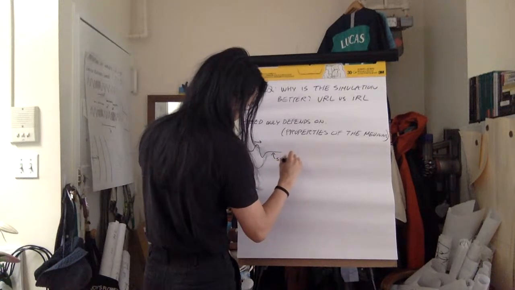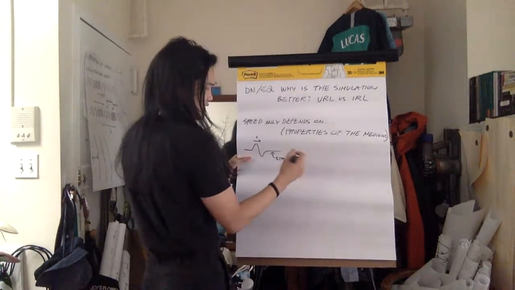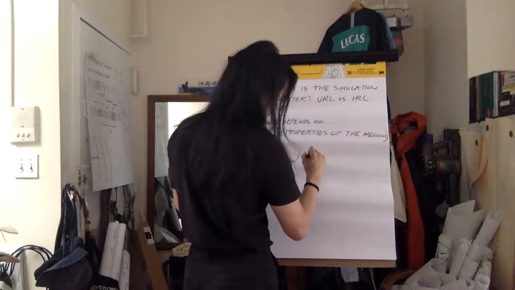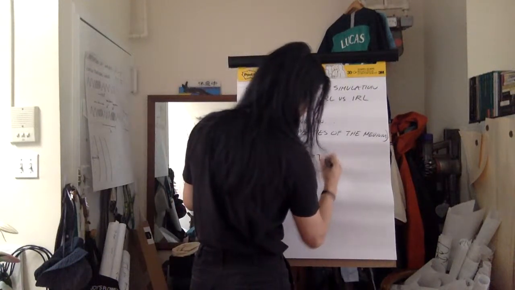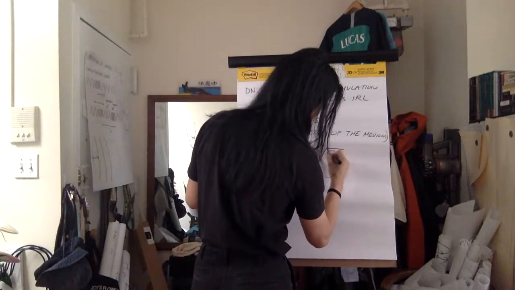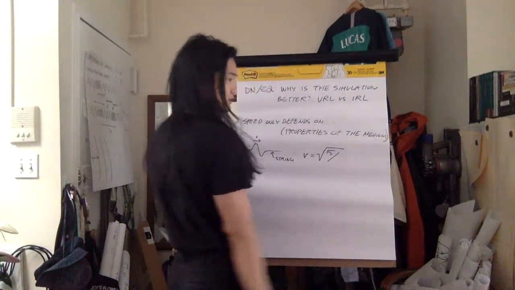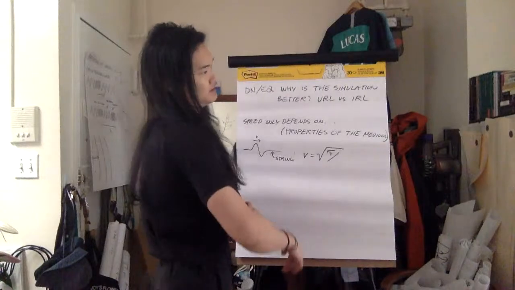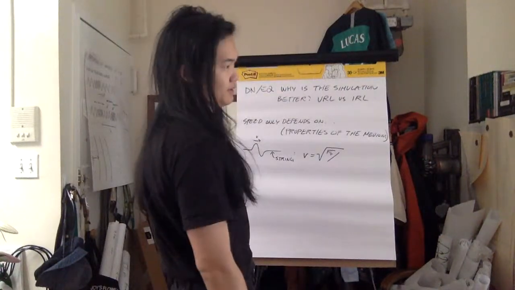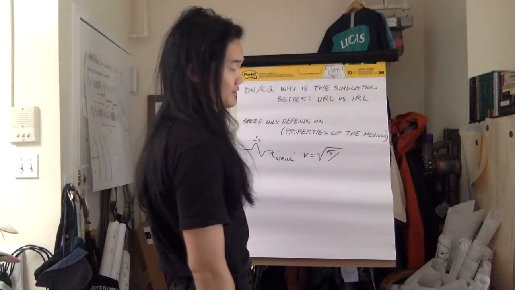This is V. In a string, the speed of the wave is the square root of the tension all over, I forget what letter they use for this. It's not rho.